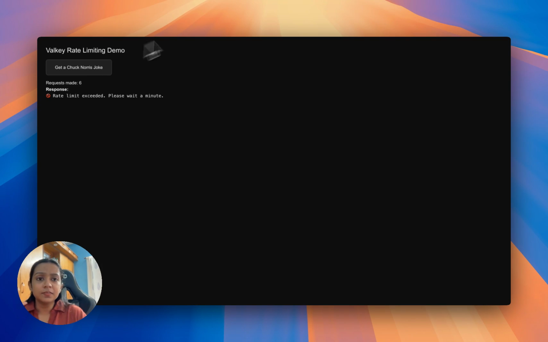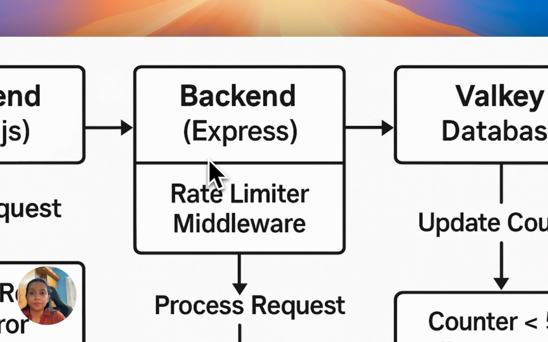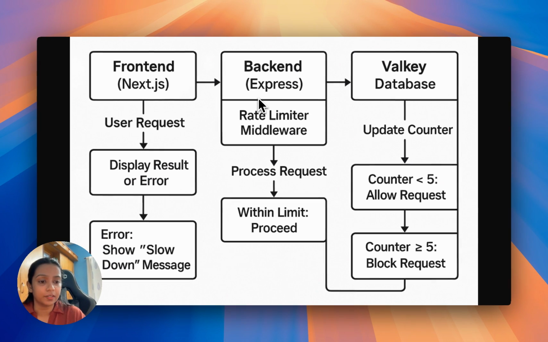So this is how the flow diagram looks like. We have a simple front end that we just saw, which is built with Next.js. We as a user, we make the request to the button that we were clicking, and this request goes to our backend, which is built using Express. And this is where we have also written the logic about connecting to Valkey and using it as a rate limiter.